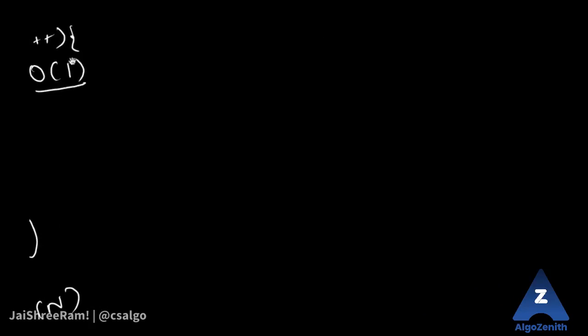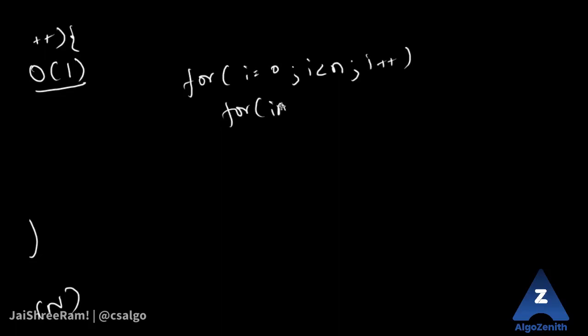Okay, let's say you have for i equal to 0, i is less than n, i plus plus, again an n, for, you are not writing data types over here, so j equal to 0, j is less than n, let's take j plus plus.